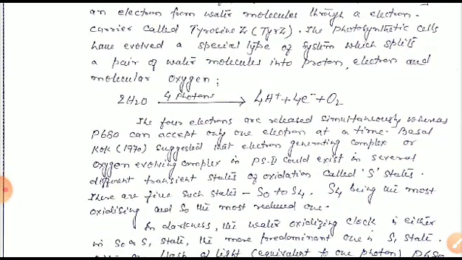This was explained by Kok in 1970, and he suggested that electron generating complex in photosystem 2 could exist in several different transient states of oxidation, and he called these states as S states. There are actually five such states.